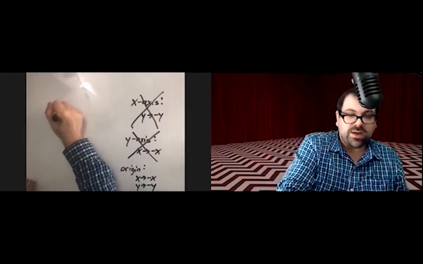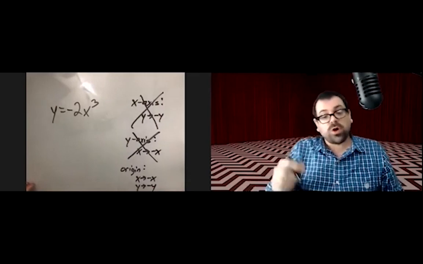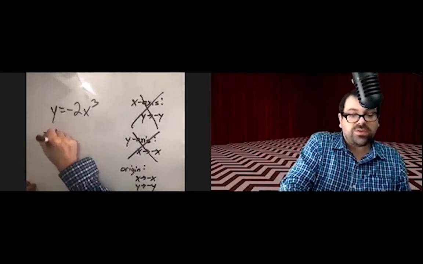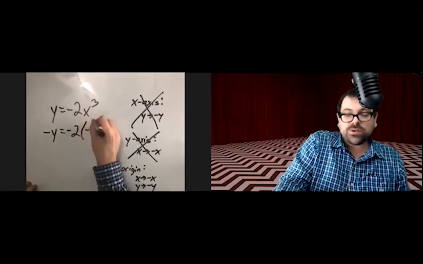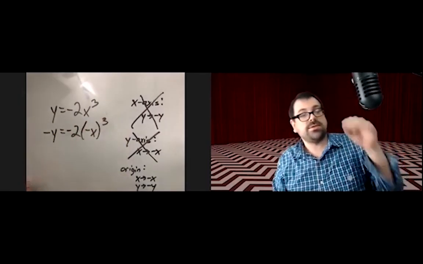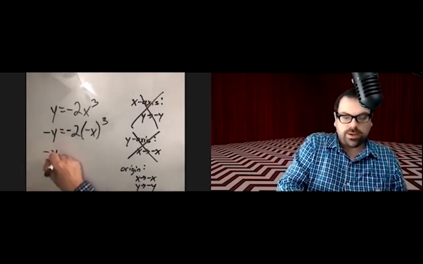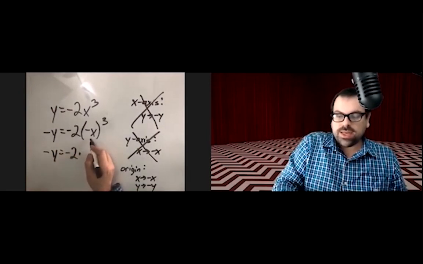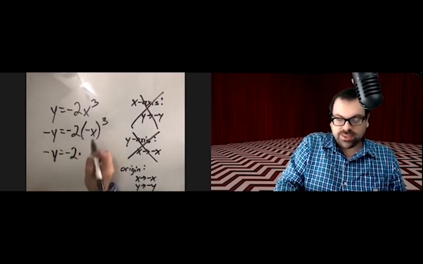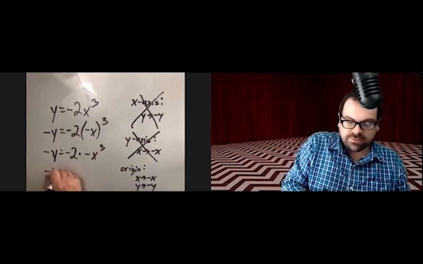So we're starting again with y equals negative 2x cubed. We're going to replace y with negative y. We're going to replace x with negative x. A negative cubed is still negative. Negative times negative is positive.